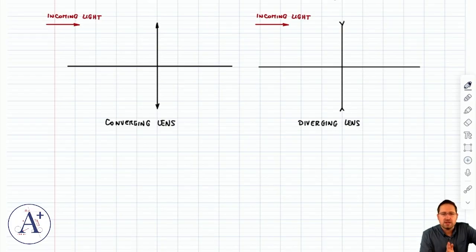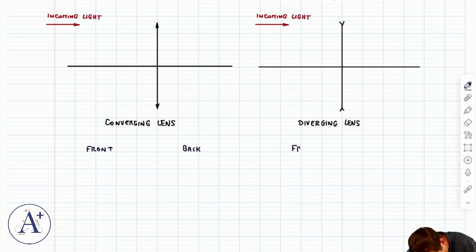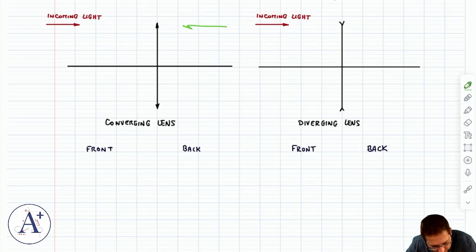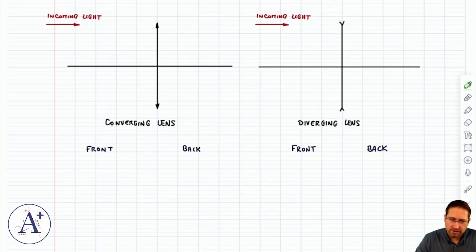The front of the lens is the side that has the incoming light. So this will be the front, and this will be the back. Same thing here. This will be the front, and this will be the back. And if all of a sudden you start sending light from this direction, then it flips, right? This becomes the front, this becomes the back, okay? But let's assume we have light coming from left to right.